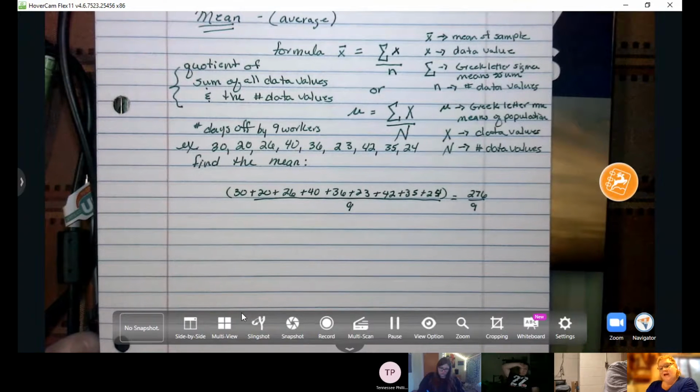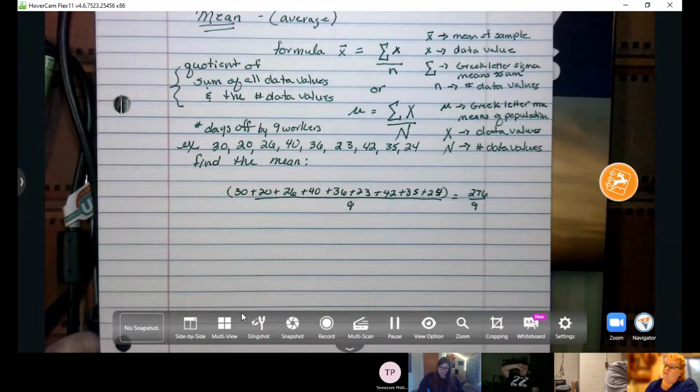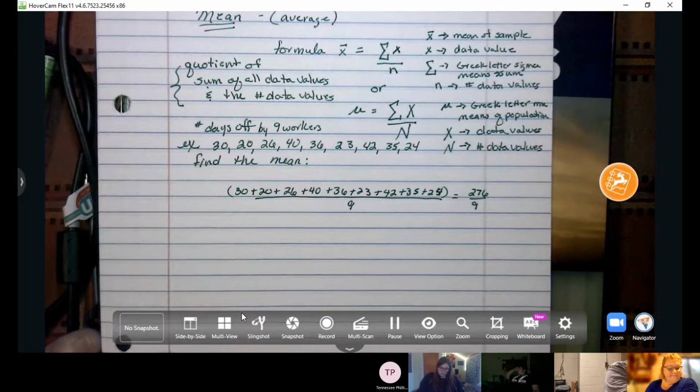Surely someone can pull out their calculator and work this out for me. What would 276 divided by 9 be?